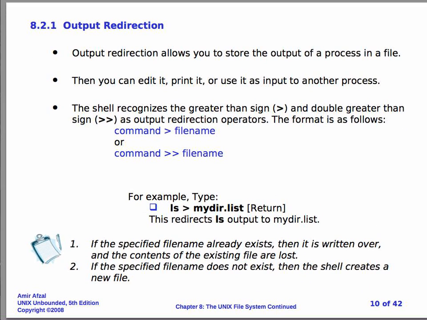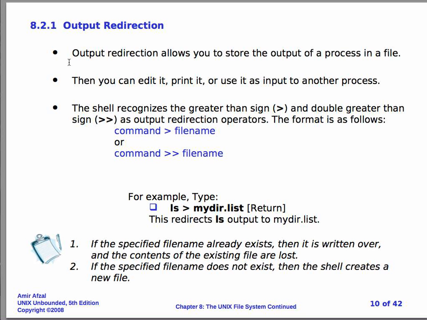Output redirection allows you to store the output of a process in a file. We just saw that with the ls command. So we said ls space greater than mydir.list. And as we saw, the output of ls will actually show that there is a file called mydir.list, even if there wasn't before you typed in this command.